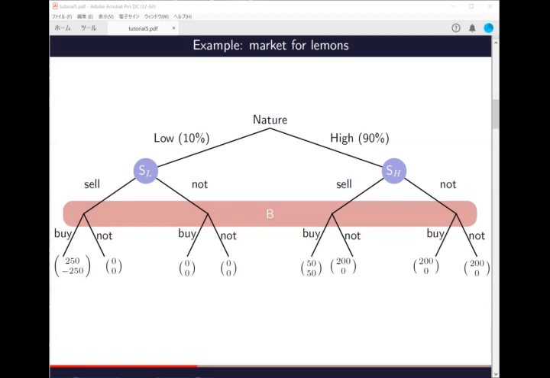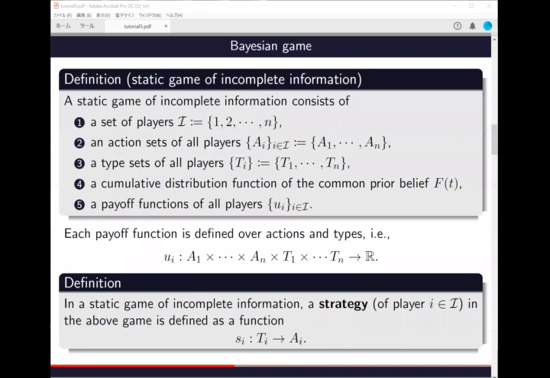Note here that all of the buyer's decision nodes are contained in a single information set. And this means that the buyer does not know either what nature has chosen or what the seller has chosen. In other words, the buyer has to make a decision without knowing the seller's type.